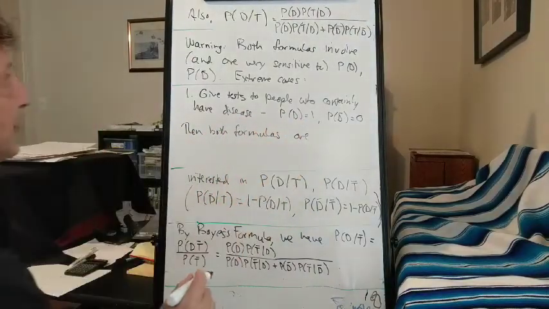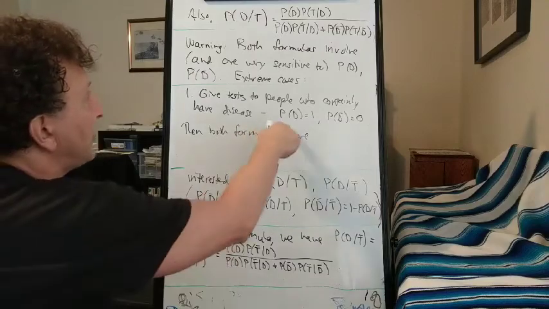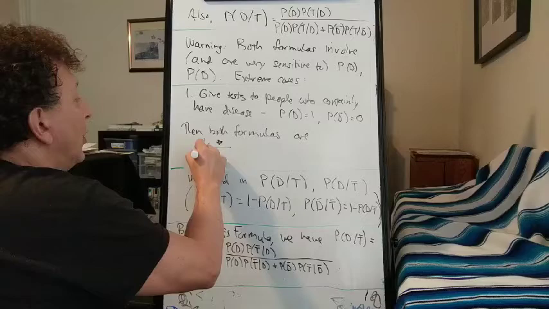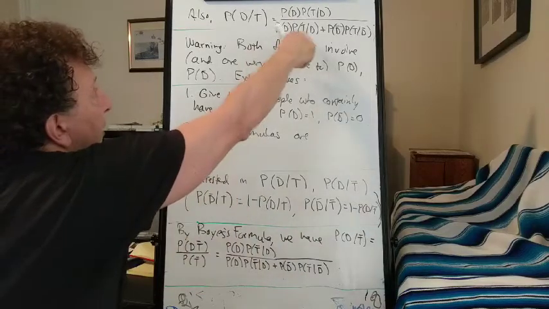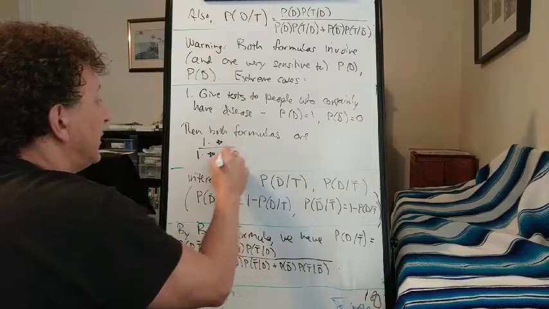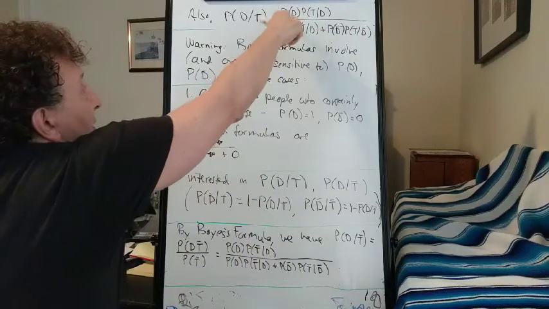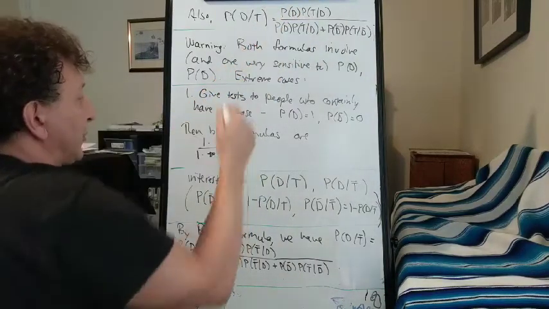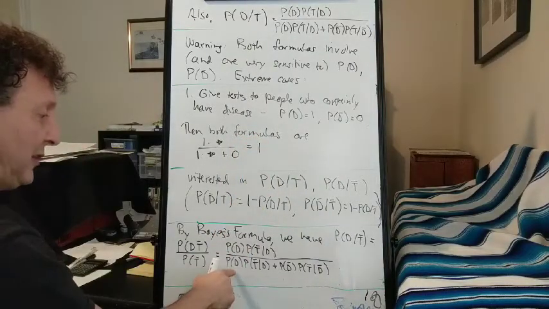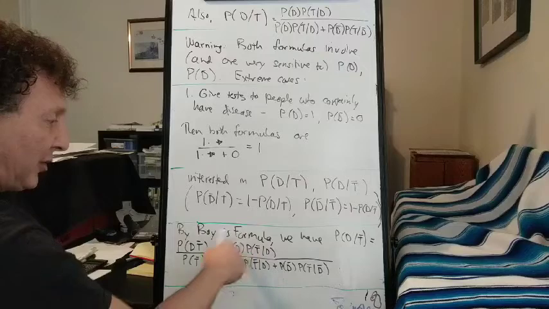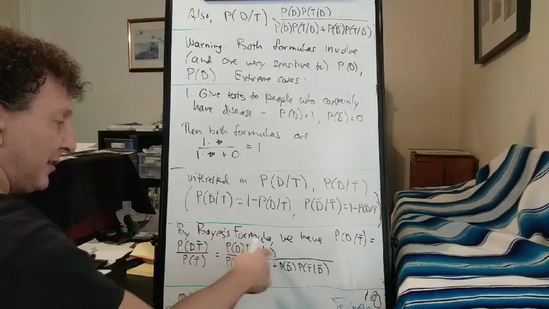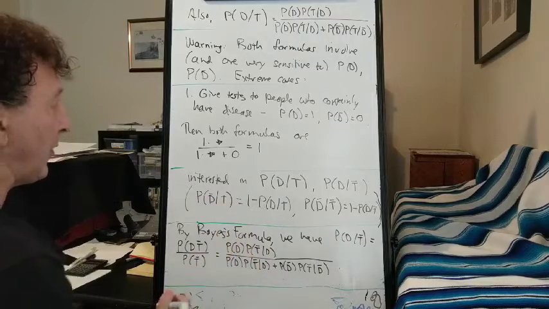Then both formulas are, probability is 1. So we've got 1 times something over 1 times something plus 0 times something. So it's an expression over the same expression, so that's exactly 1. Same thing for here. Probability of D is 1. Then we keep these two terms, and that term goes away, becomes 0. So we've just got this expression over itself, so it's 1.